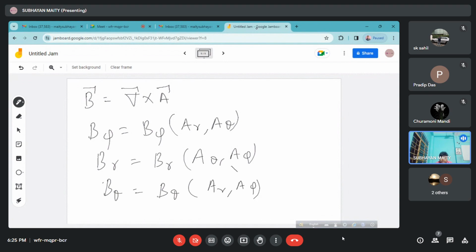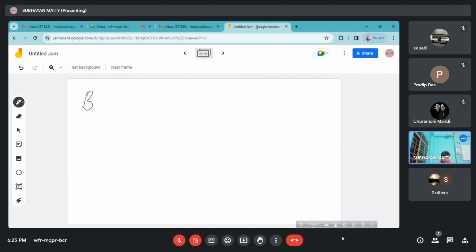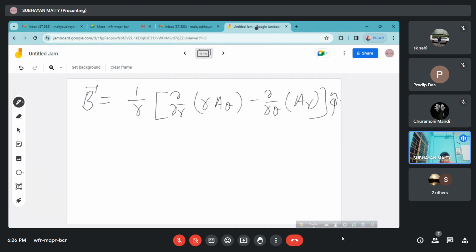Since A phi is 0, these two terms will be equal to 0, so only this term will remain. So what is the expression of B phi? B is equal to, along phi cap, the last term: 1 by r, del by del r of r A theta minus del A r by del theta. This is phi cap. So A theta and A r are given.